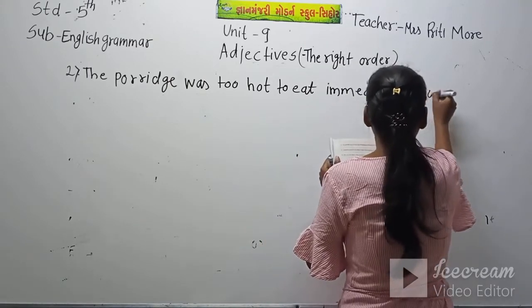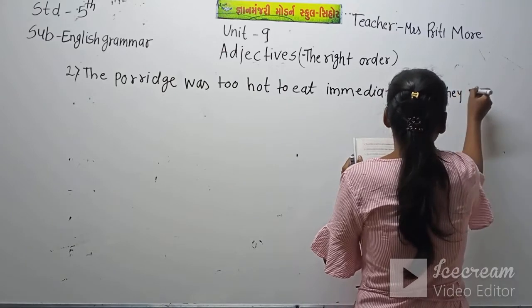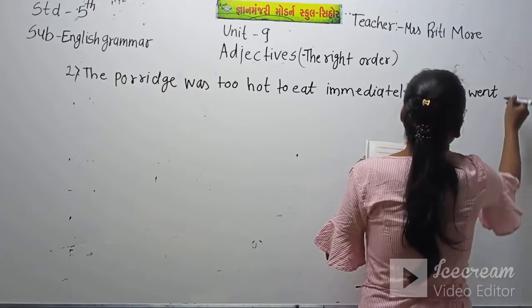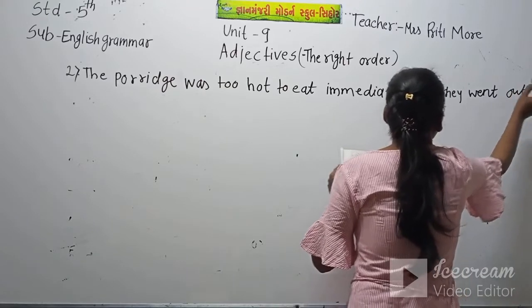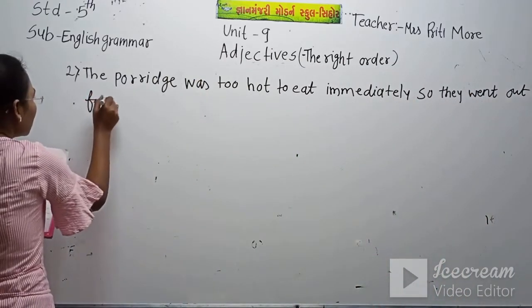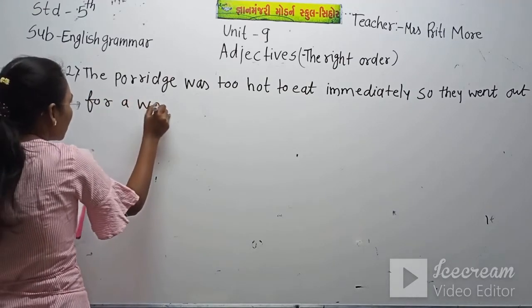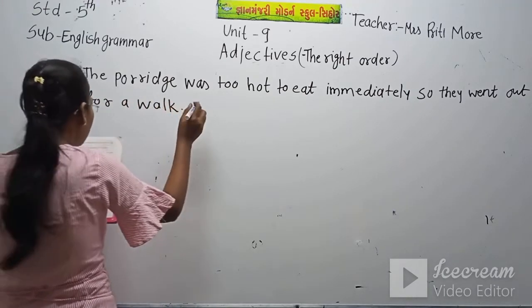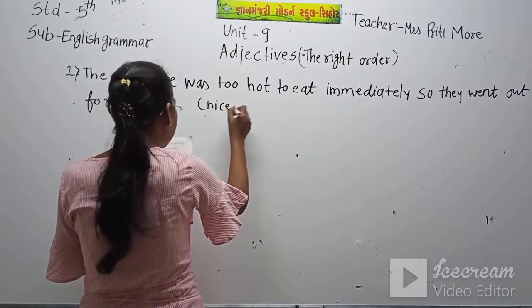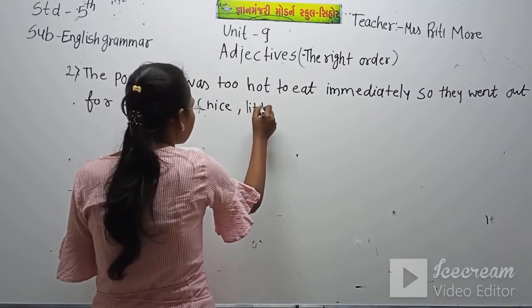So they went out for a walk. Now in the bracket two adjectives are there: nice, little.